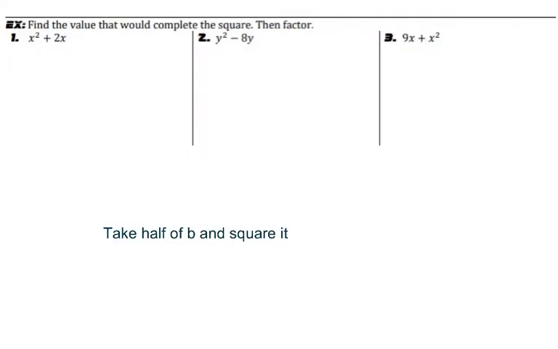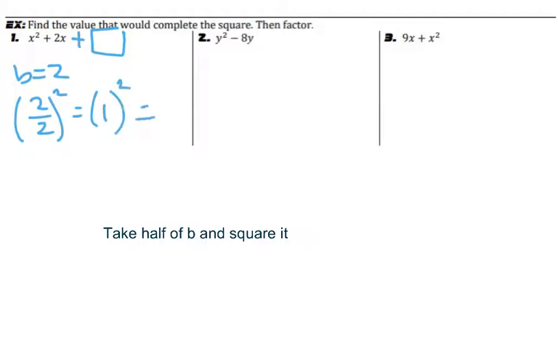Okay, looking at example 1, in order to figure out what value we would add to complete the square, we need to take half of b and square it. So here, b is 2. We're going to take half of 2 and square it. Half of 2 is 1, and 1 squared is still just 1.